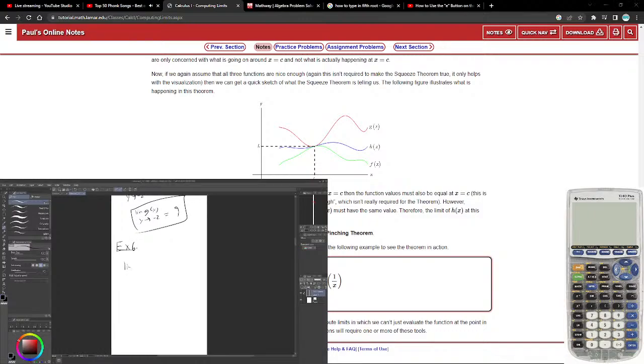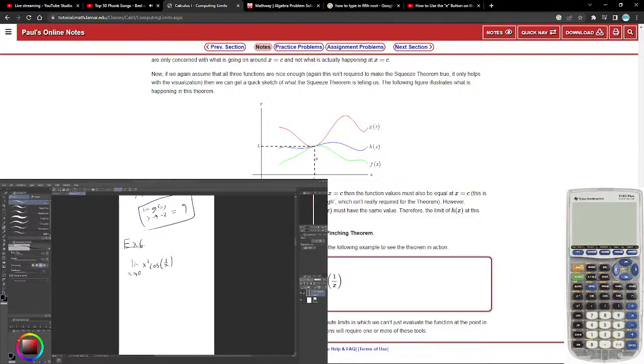The limit of x squared cos of 1 over x as x approaches 0.